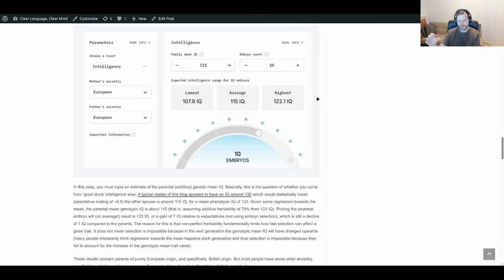We can only move the genotypic mean up a little bit every generation. Because you cannot directly select on the genotypic mean, you can, of course, with embryo selection, but in general, nature selects on the phenotype, not this. And so you get this regression towards the mean. It doesn't mean, as many people think, that you can never go away from the mean. That would mean that evolution is impossible.